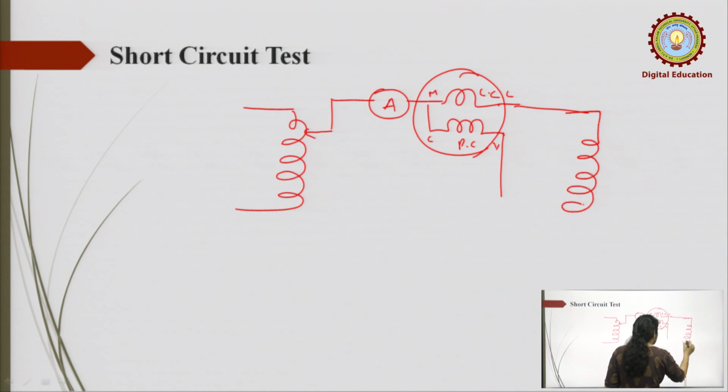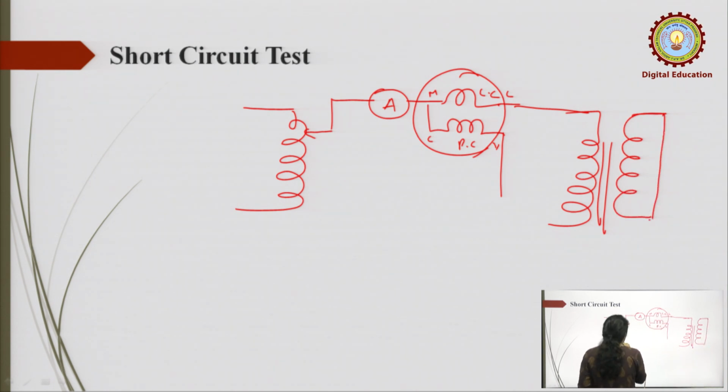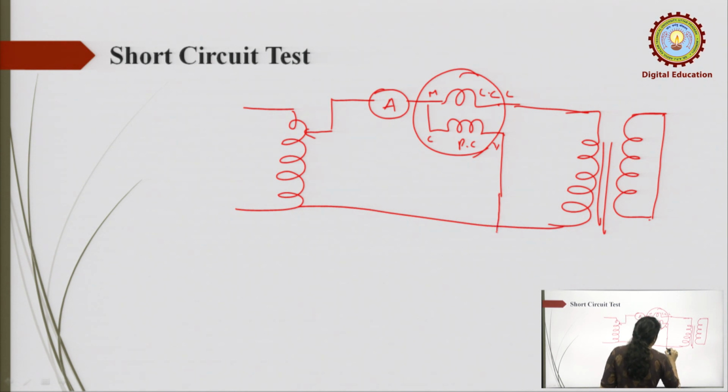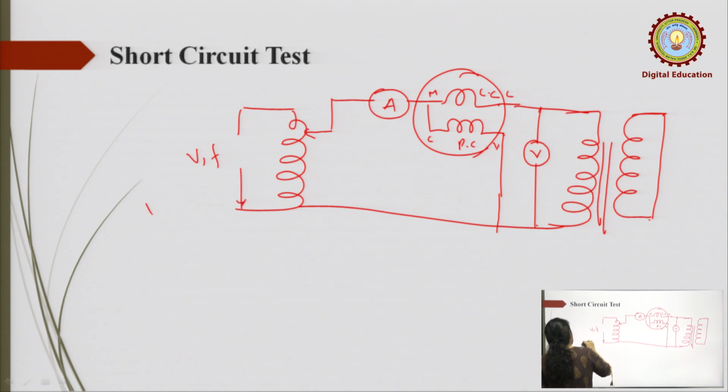This is the transformer primary winding, and this is the secondary winding. Here you connect the voltmeter. Here the supply is the single phase 50 hertz supply.